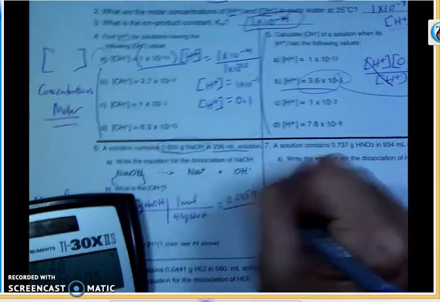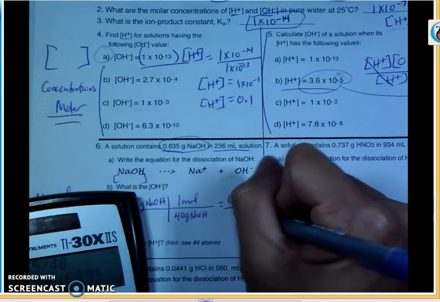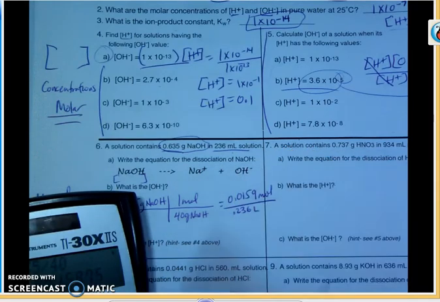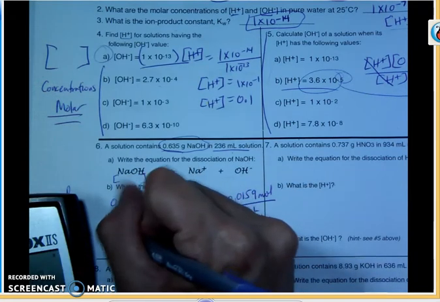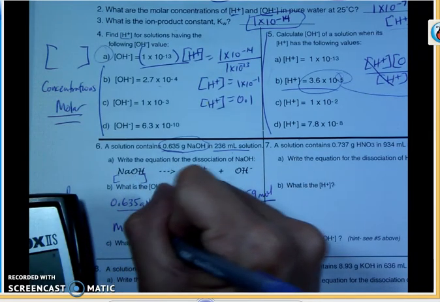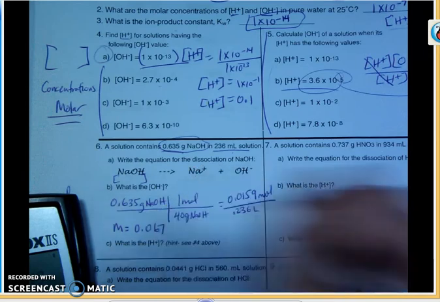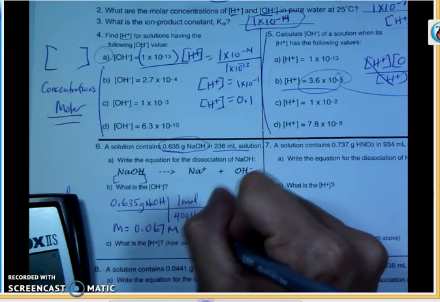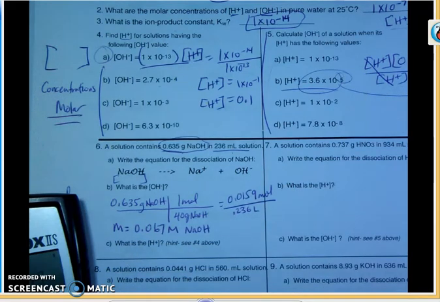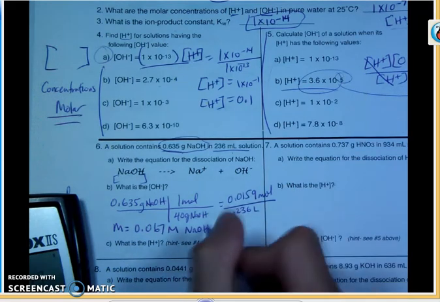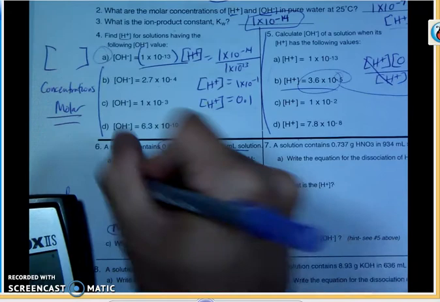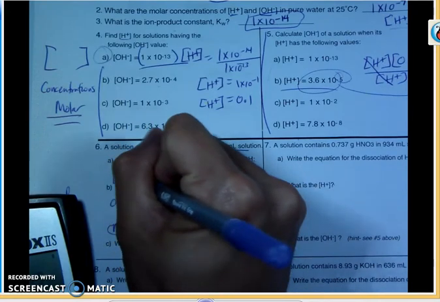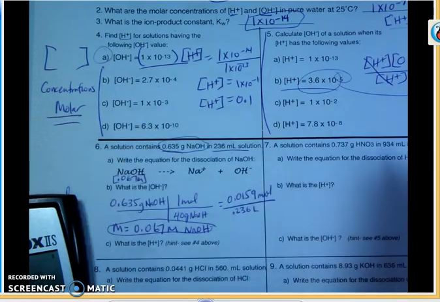Divided by the milliliters, changed to liters, is 0.236 liters. Dividing by 0.236, I get the molarity is 0.067 molar of NaOH.